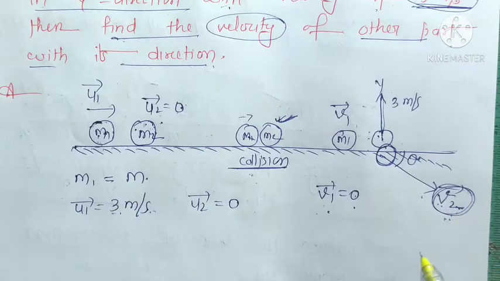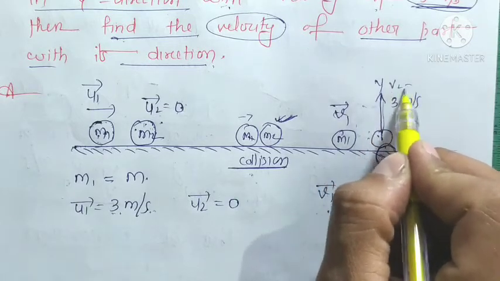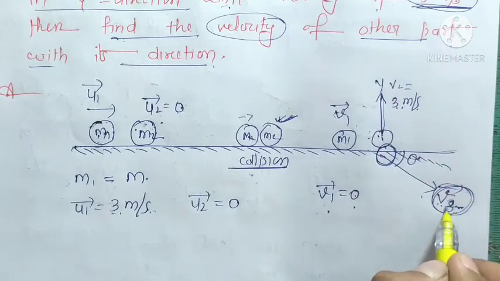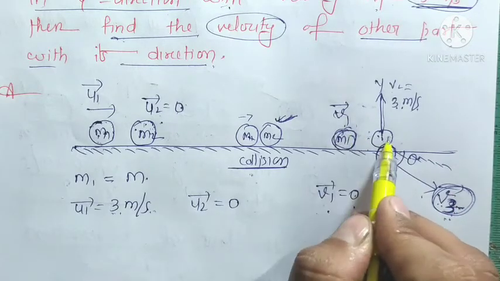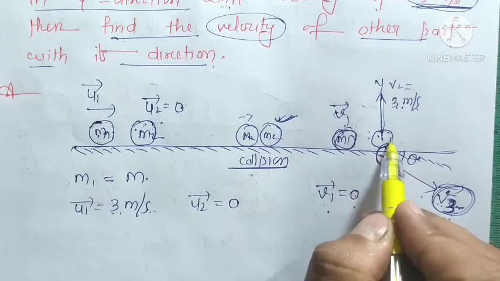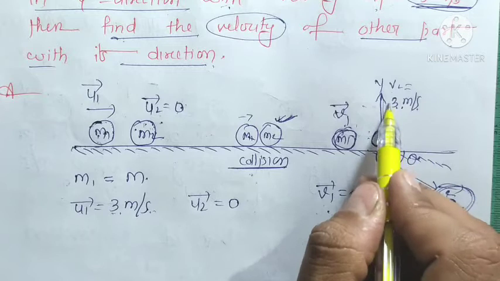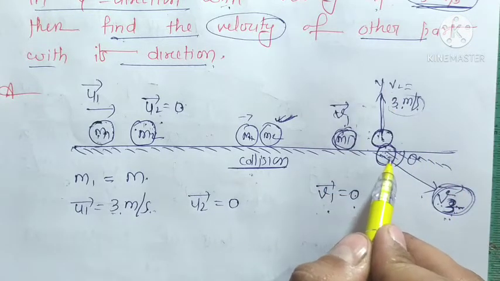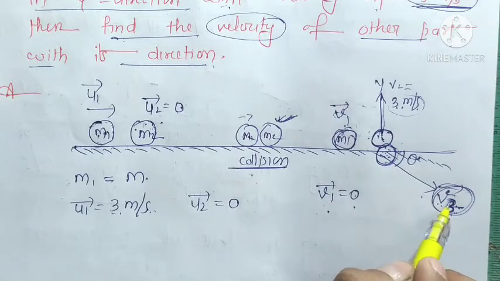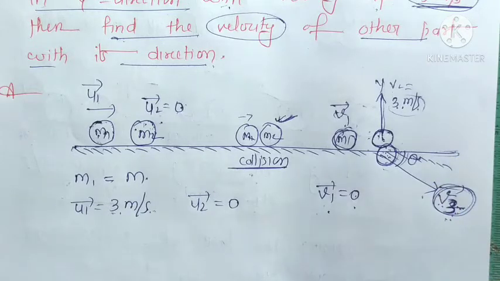Sorry, we take it as v3. The first part of the second body moves with velocity 3 meter per second along the y direction, and the second part moves with velocity v3 making an angle theta with the horizontal.